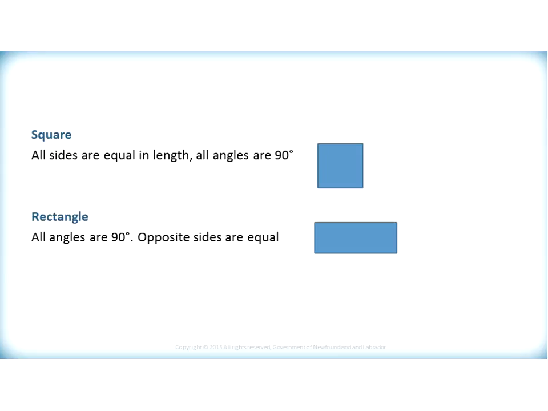Just a reminder of some terms that you're probably very familiar with, but I'll remind you anyway. A square is a four-sided polygon, of course, with all sides equal in length, and all the angles in this square are also equal, and they all have a value of 90 degrees.